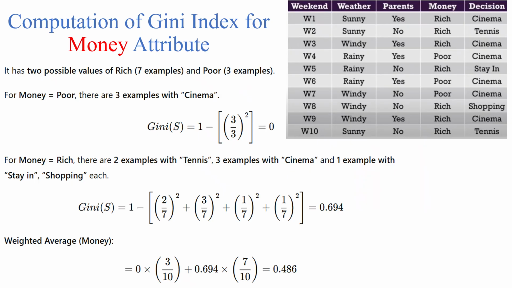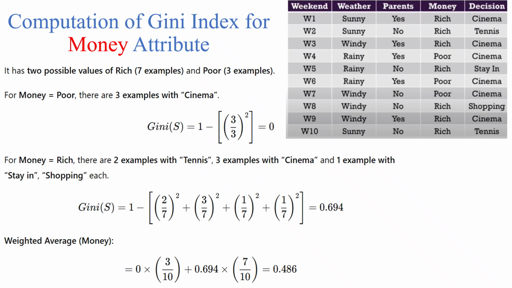Next we are going to calculate the Gini index value for individual attributes. The first one we take is money. For money there are 2 possible outputs: rich and poor. Totally we have 7 rich and 3 poor examples.